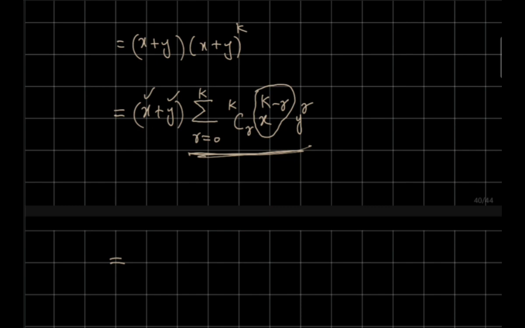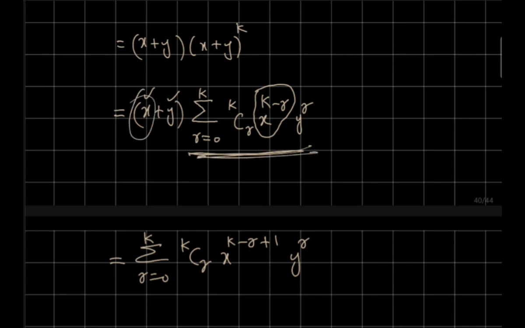So we will get summation r from 0 to k, kCr as it is, x to the k minus r plus 1, y to the r. We have multiplied this factor by x. Now multiply this factor by y.